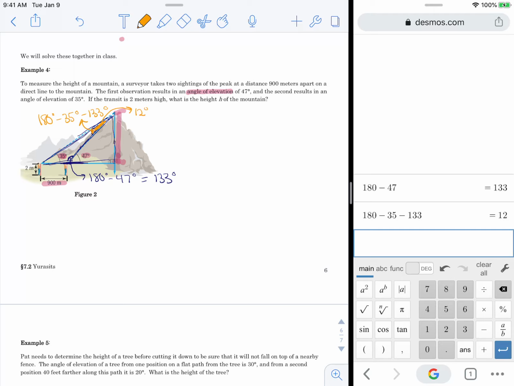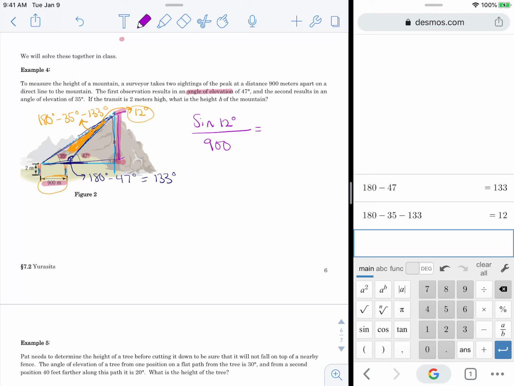Well, the whole purpose of that is because if I focus my attention in just this triangle right here, now I have a full ratio because I have the angle and the corresponding side length. And so that's why I can do sine of 12 degrees over 900 equals. So let's remind ourselves what we're finding. We have to find this height, right?